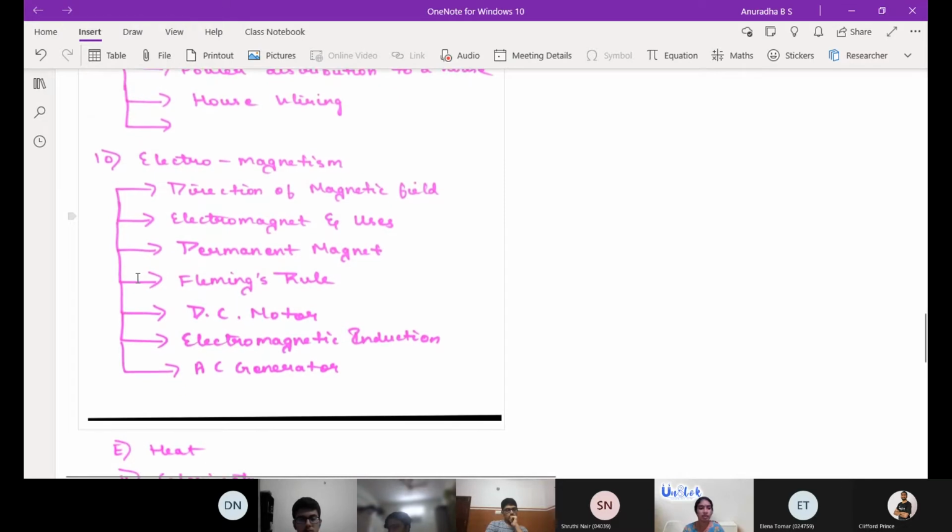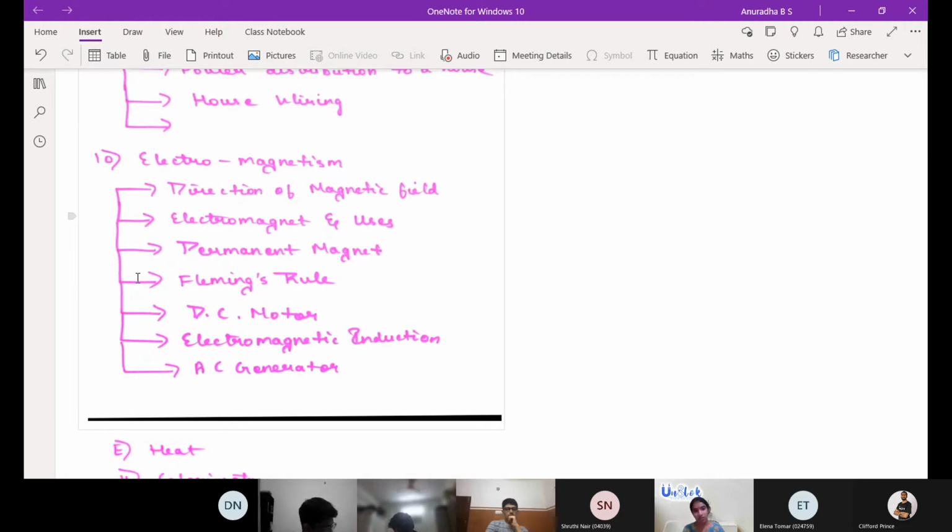Next is electromagnetism. You have studied magnetism there. Here we are combining both electricity and magnetism together, current and magnetism together. That is nothing but electromagnetism. So you will be learning about the direction of the magnetic field.